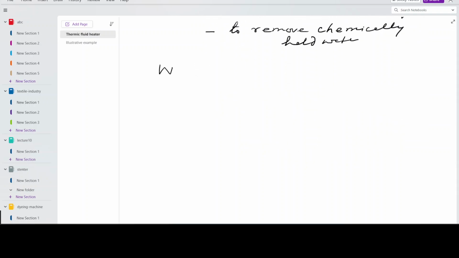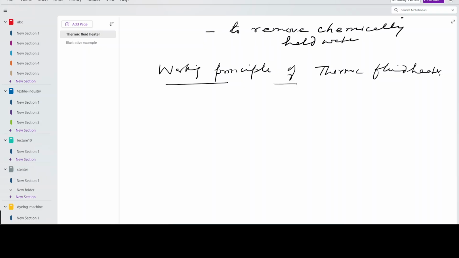Now let us see working principle of thermic fluid heater. There are four stages.